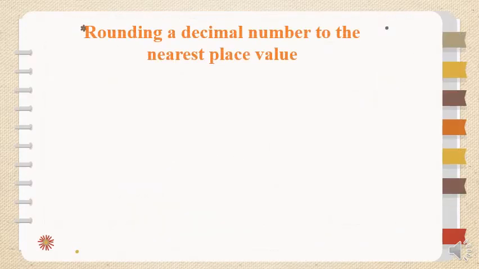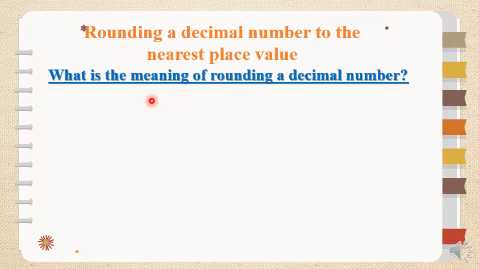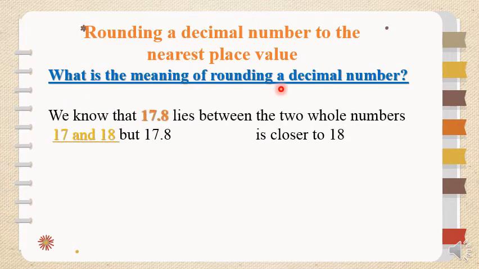Now we are going to talk about a new topic, which is rounding a decimal number. What is the meaning of rounding of a decimal number? If you took a mark which is 17.8 in the test, you know that 17.8 is between 17 and 18, but it's closer to 18.